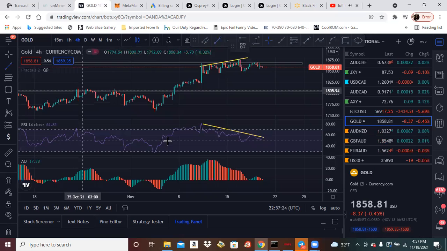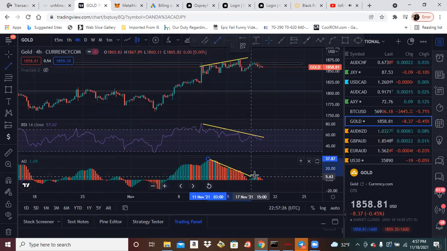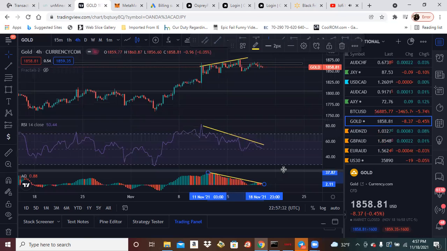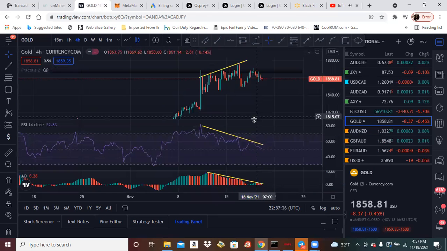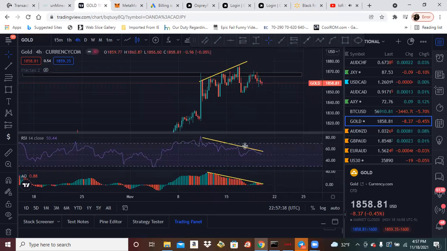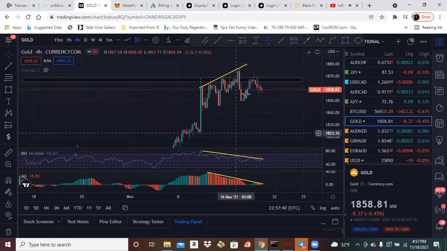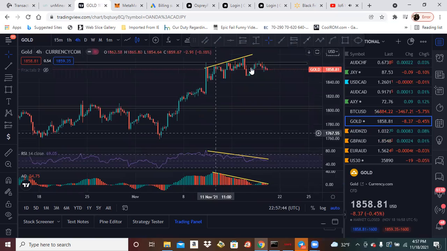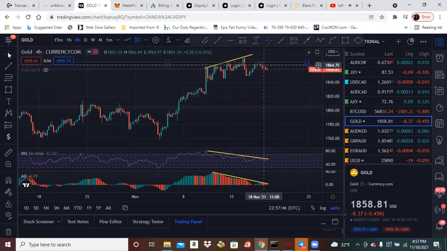And we have a confirm. We have lower lows. So gold might be dropping soon. Let's make that small so we can see price action. Yeah, so gold probably took its last tip right there, and it's probably gonna drop and come down here.